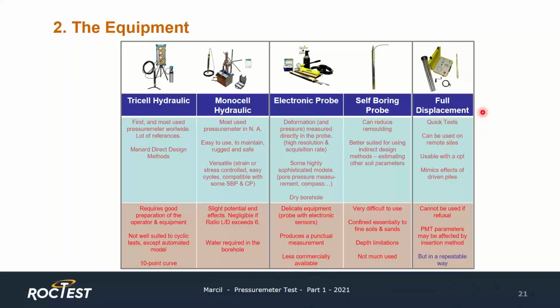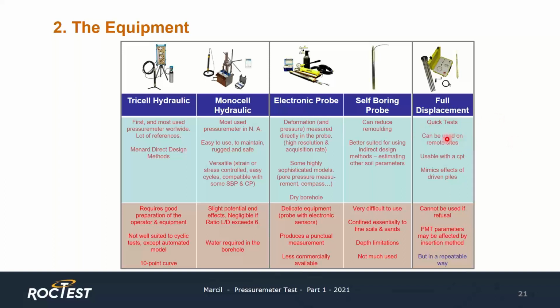And finally, you have the full displacement pressure meters. This model is interesting because it allows running more tests in a single day. Instead of running 2 to 8 tests, you can run up to 10, 15 tests per day, if everything goes well, of course.